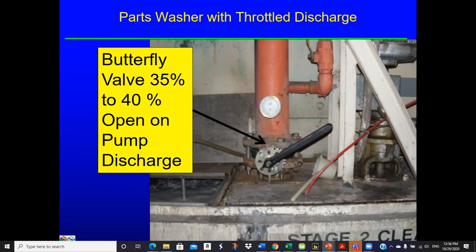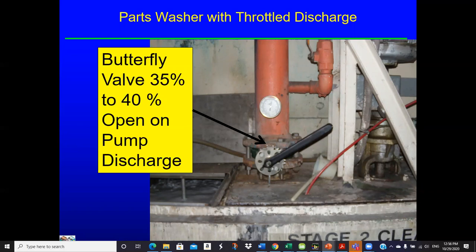Now, what they do for this, you see that pressure gauge up there, there's a pump down inside there that's pumping that. Actually, that pump's off to the side. You see the motor. It's like a vertical pump, and there's the shaft going in right over here. So the motor's up here, and then it's pulling water in and pumping it up this. And it's pumping it to a bunch of spray nozzles.